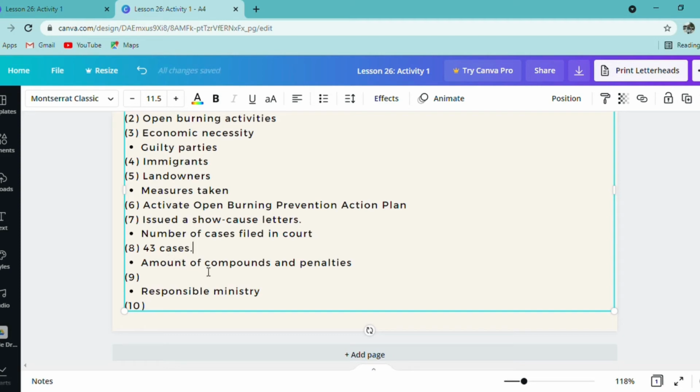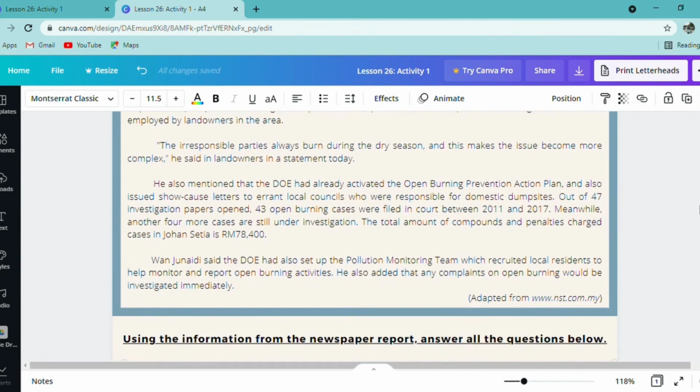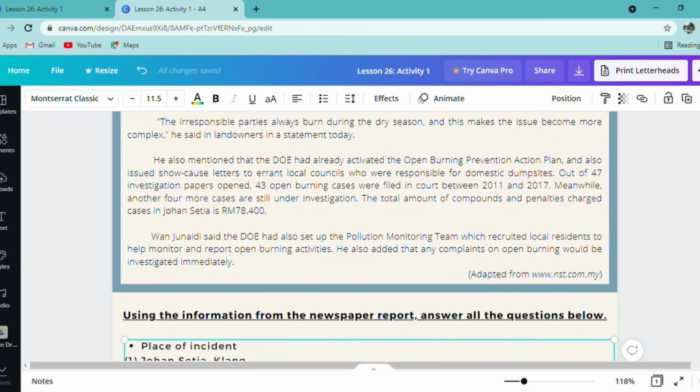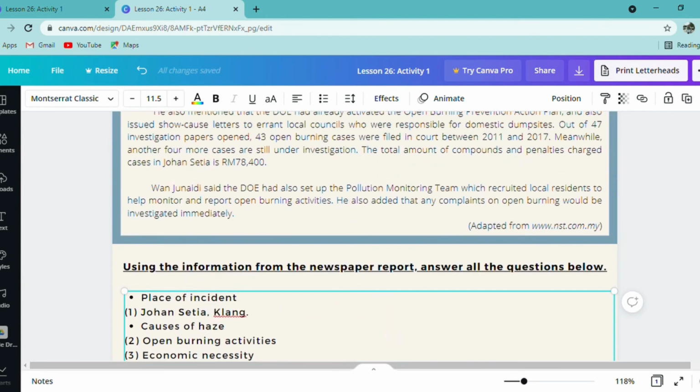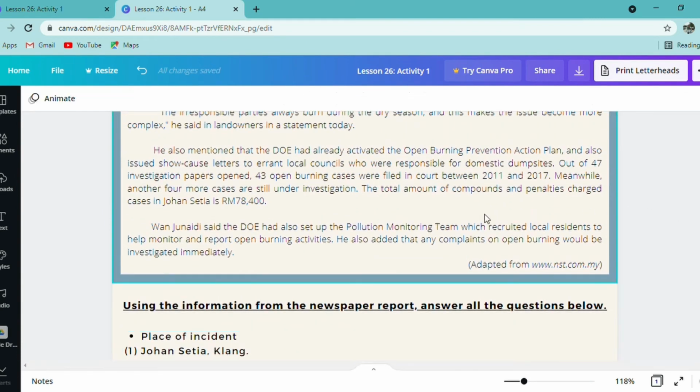Next, we need to answer question number 9, which is the amount of compound and penalties. How many compound and penalties were given? So the total amount of compound and penalties charged cases in Johan Setia is 70,400 ringgit Malaysia.